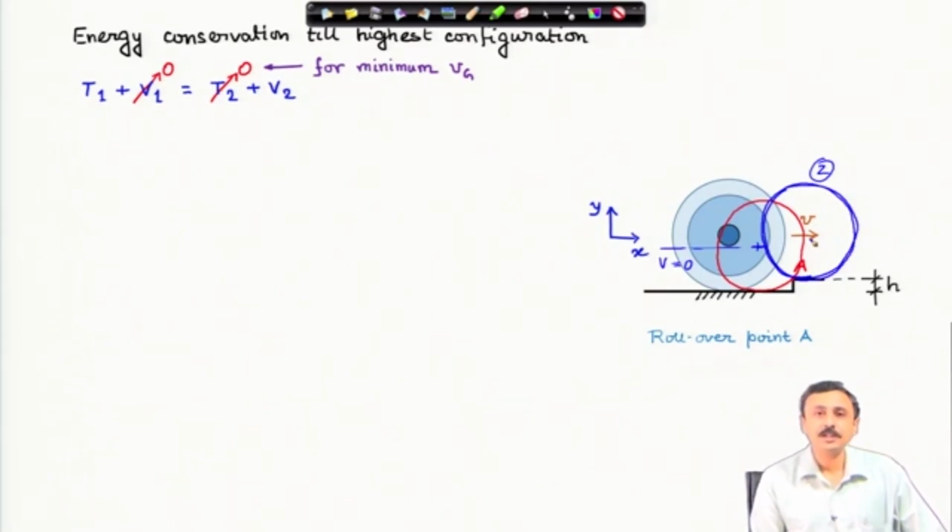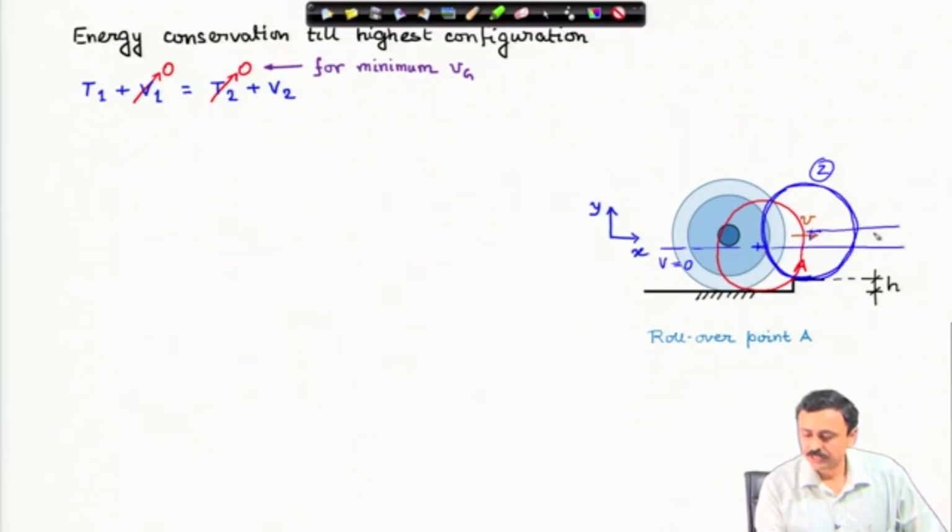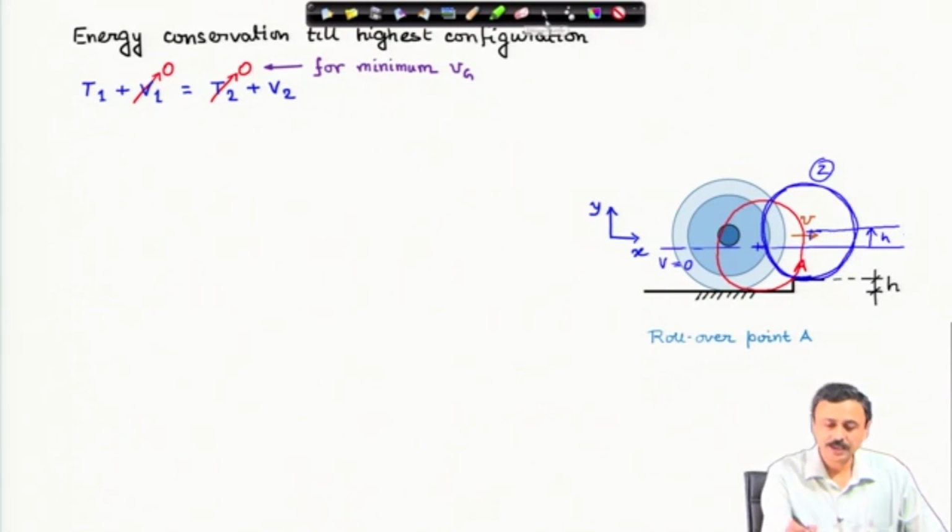Therefore, the kinetic energy in state 2 goes to 0, it just about climbs the curve. Plus potential energy is because of this change in height, which is h, change in height of the center of mass of the wheel.